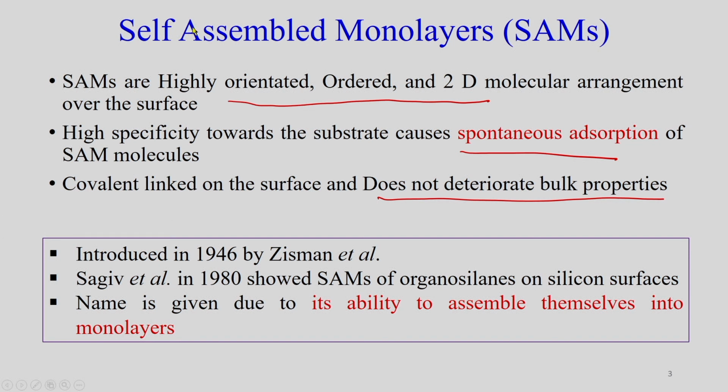As the name suggests, it is the ability to assemble themselves spontaneously into monolayers, meaning spontaneous arrangement in the form of a monolayer on a surface. That is the self assembled monolayer.